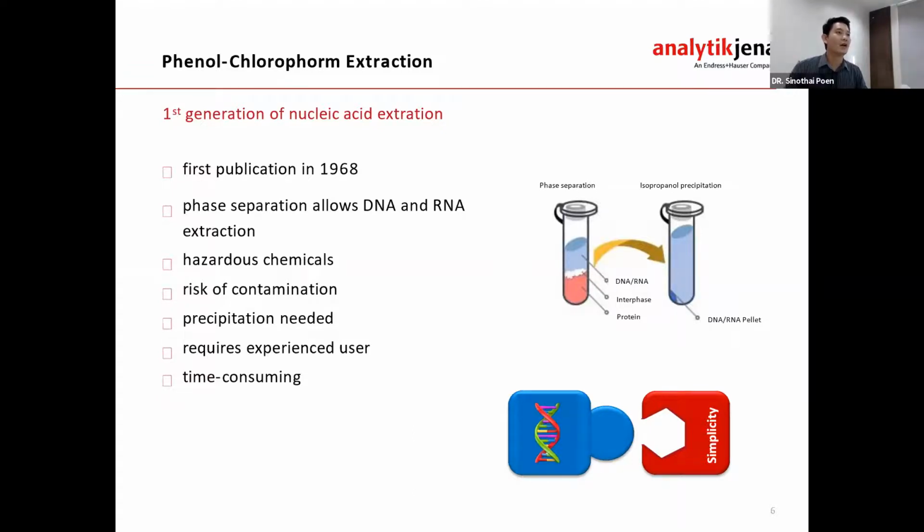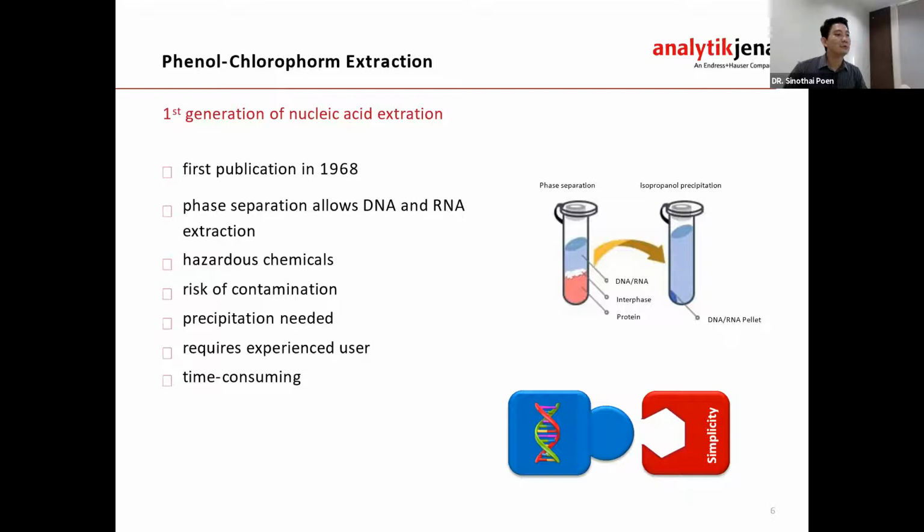Almost 100 years later, the Phenol-Chloroform extraction was invented, and this technology relies on the use of a mixture of phenol-chloroform to cause phase separation, allowing nucleic acid isolation from other organic substances.